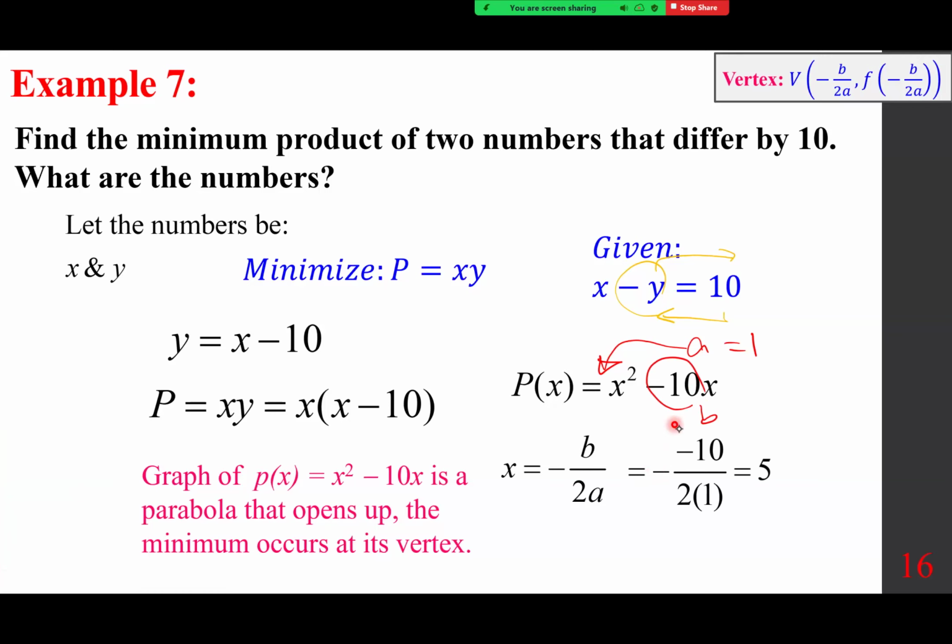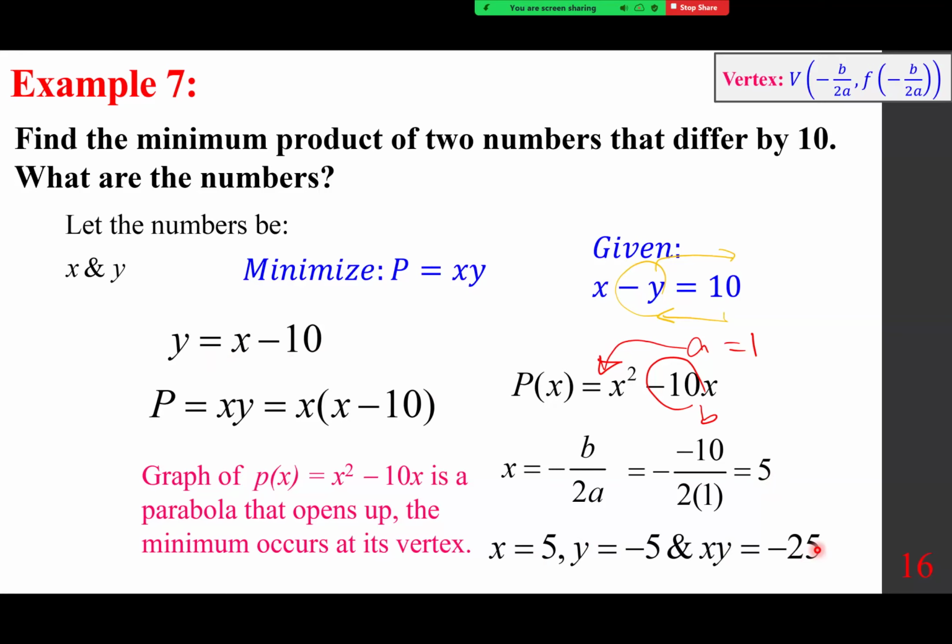So what are those numbers? X is 5. Plug it into this or to this. Y is x minus 10, either way. If you go with this, 5 minus 10 is negative 5. So one of them is 5, one of them is negative 5. Their product is negative 25.